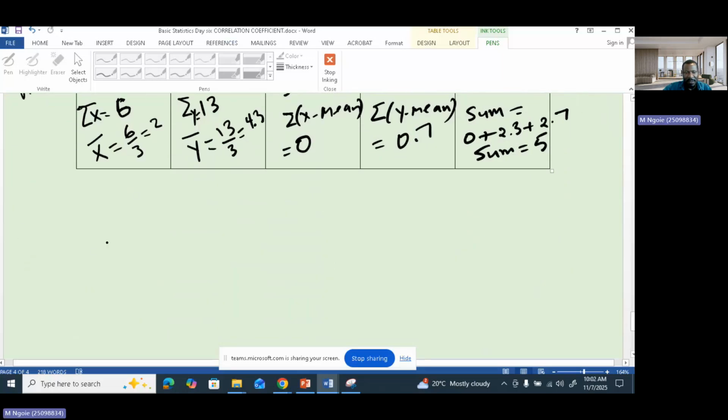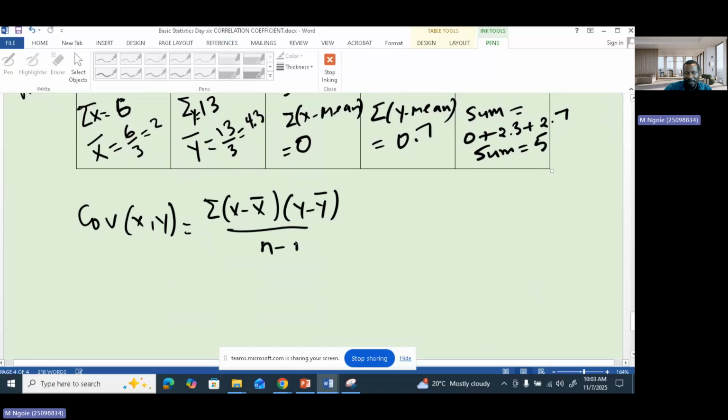Very easy. Now the covariance of those two variables is the sum of x minus x bar times y minus y bar, divided by n minus 1.